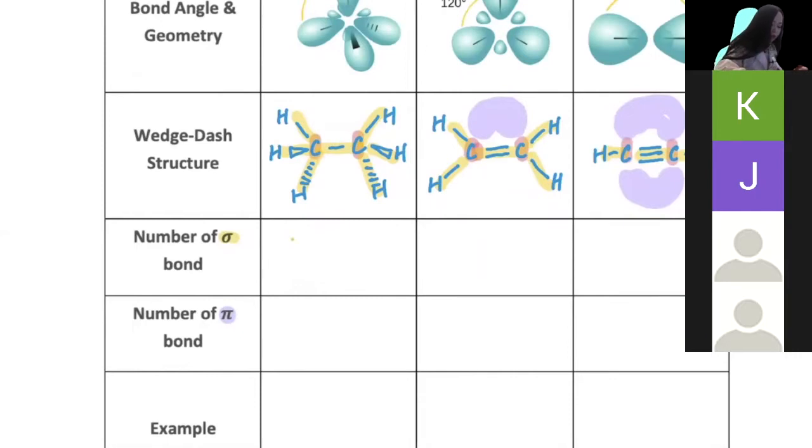So there is 1 sigma CC bond and 1, 2, 3, 4, 5, 6, so there are 6 sigma CH bonds. Here there is 1 sigma CC bond and 4 sigma CH bonds, and 1 sigma CC, 2 sigma CH.